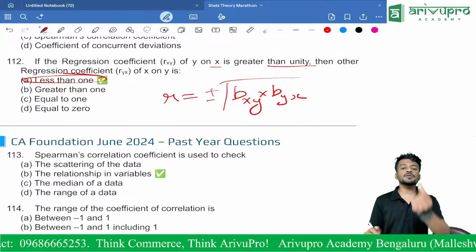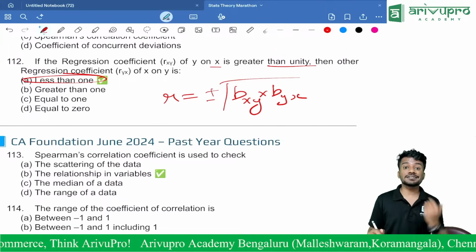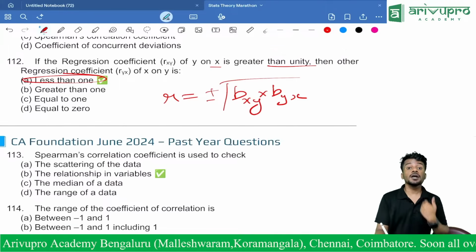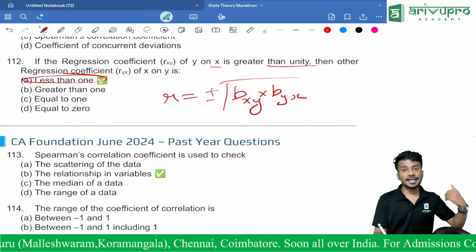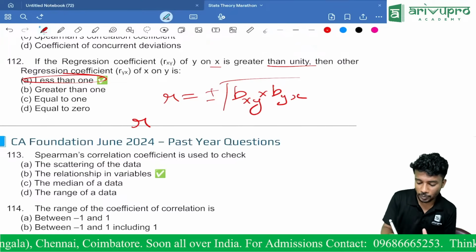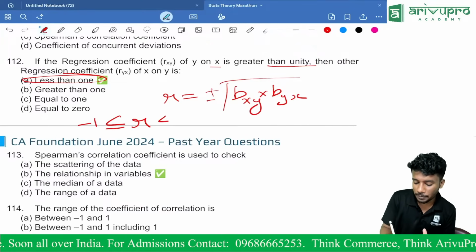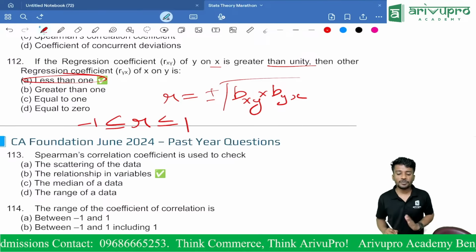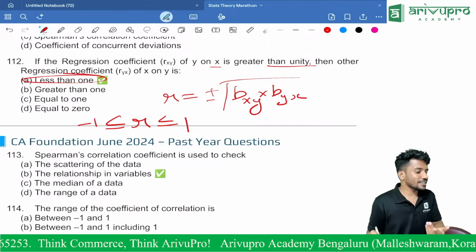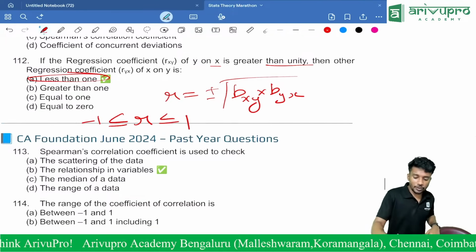If one of the values is greater than unity, the other should be less than unity. Otherwise, the R value will be more than unity, which is not possible. The value of R is between what and what? Minus 1 and plus 1. So always make sure that if one is greater than unity, the other one should be less than unity.